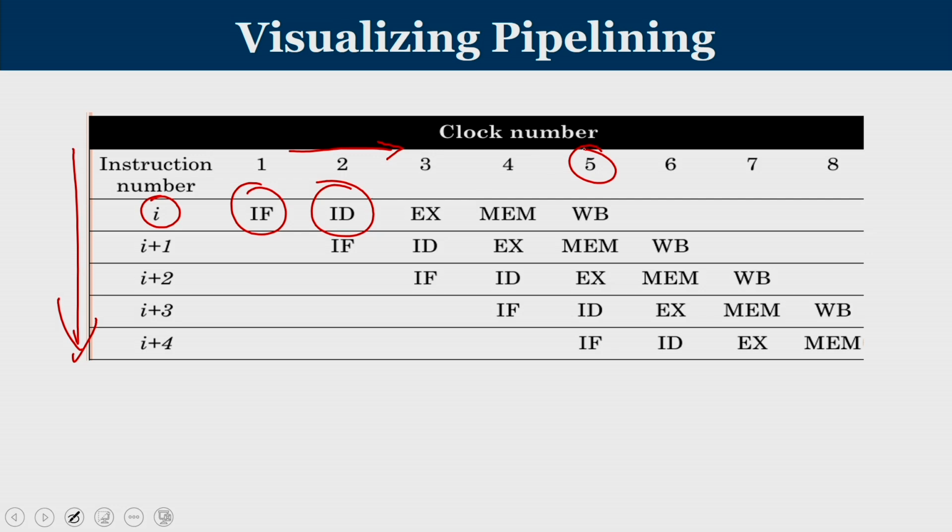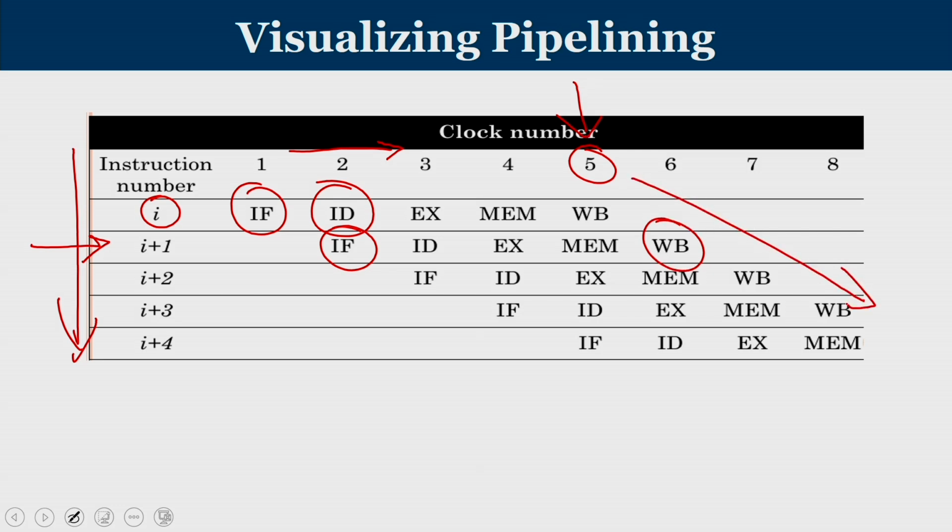When we apply the pipeline principle, the I plus 1th instruction goes to instruction fetching in the second clock cycle. When the first instruction is in the decode stage, the second instruction is in the fetch stage. Like that, the second instruction will get over in the 6th clock cycle. So, after the initial delay, the first instruction gets over at the 5th clock cycle.